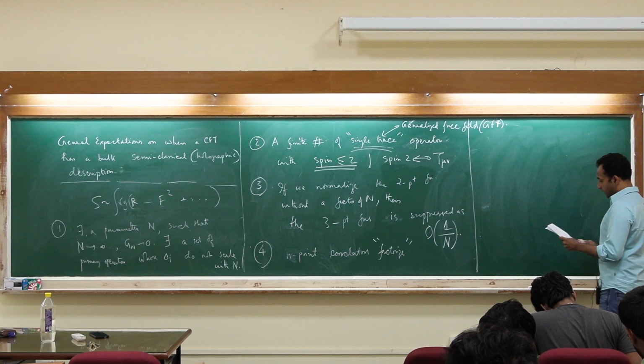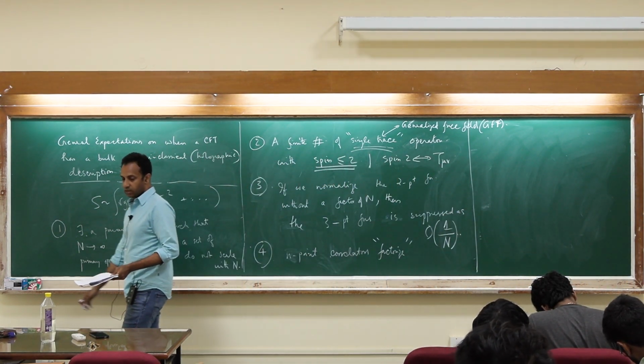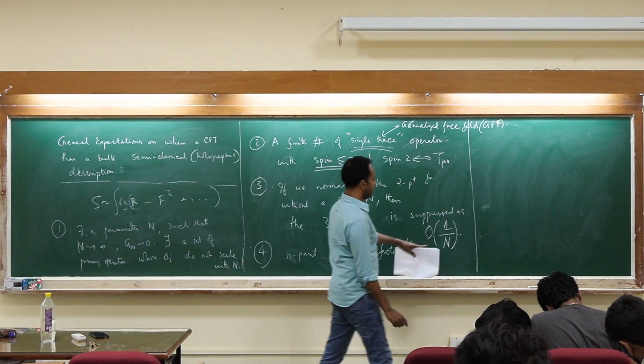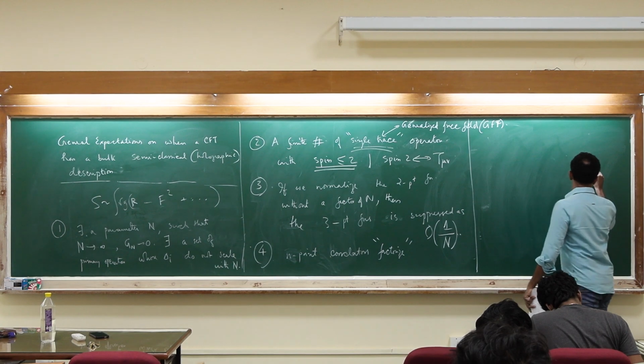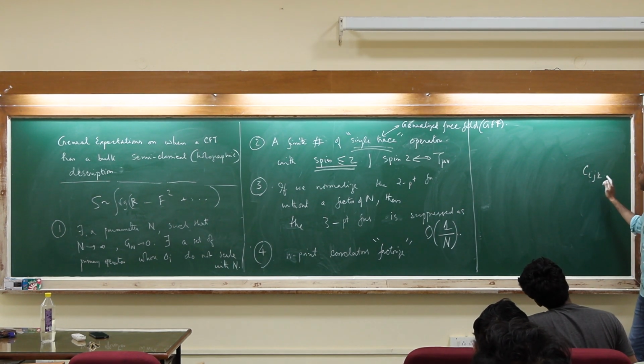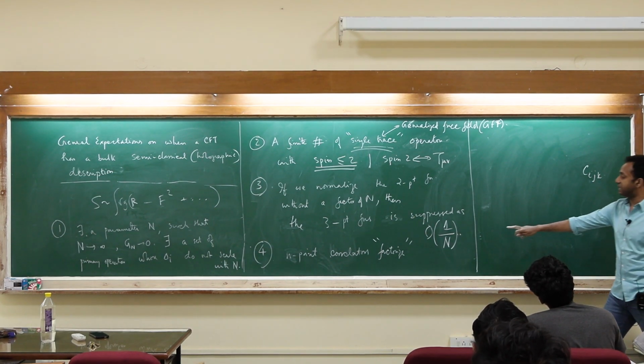Order 1 correlation should keep 0, but for the 3-point function we can fix the form of it in terms of the C_IJKs, which are not known. C_IJKs are arbitrary. So the statement is that the C_IJKs have to be suppressed by 1 over n. That's what this means.